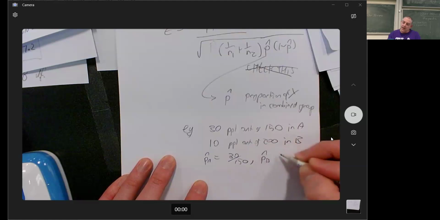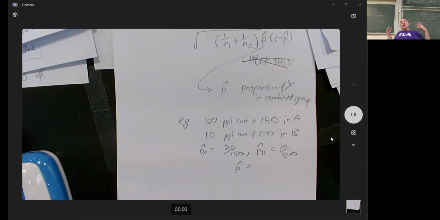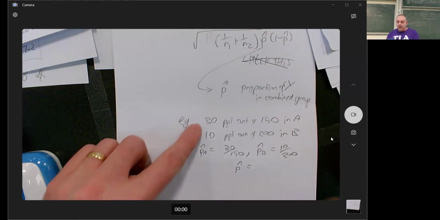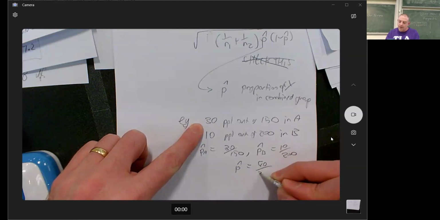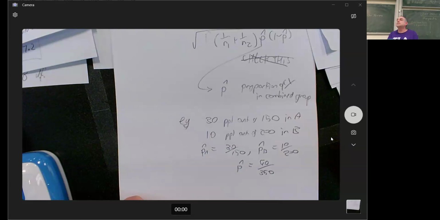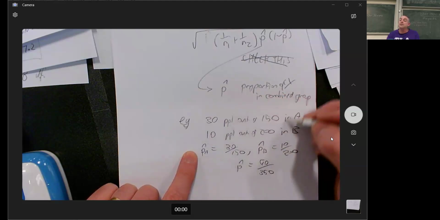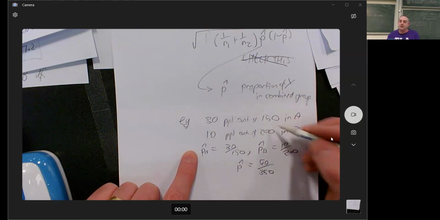Your PB hat is 10 out of 200. And your P hat is, well, if it doesn't matter which category you're in, then it's just one big group. And so that's 40 people out of 350. So just combine them together into the entire big group. That's how that works. And like this N1 that they're talking about is the 150. And the N2 is the 200.